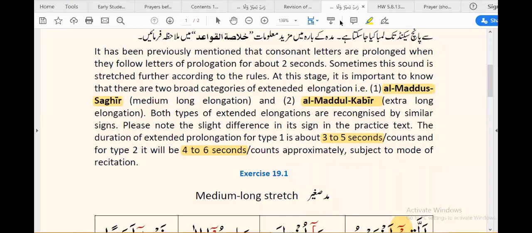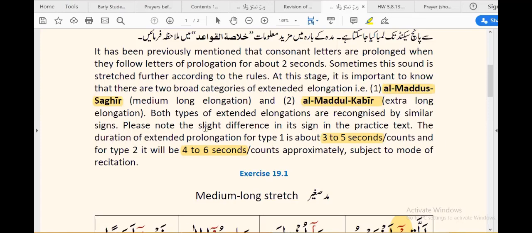At this stage, it is important to know that there are two broad categories of extended elongation. The first one is al-maddu saghir, which is medium long elongation, and number two is al-maddu kabir, which is extra long elongation. Both types are recognized by similar signs.